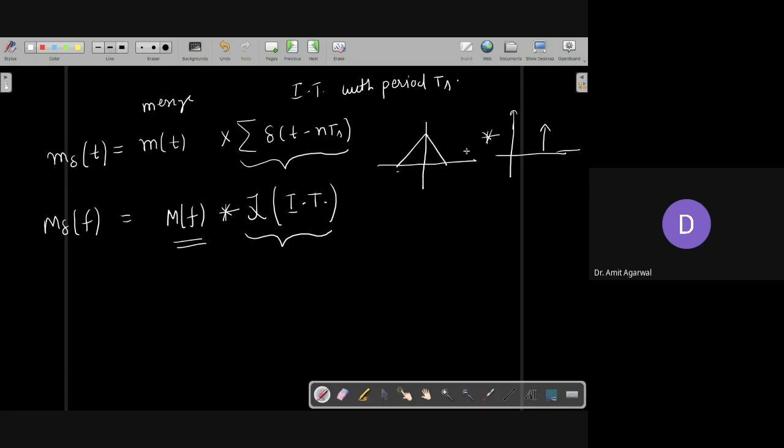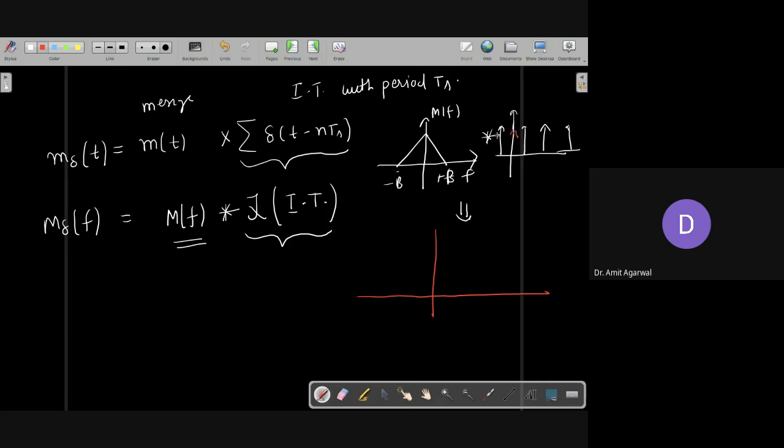This is your M(f), right? Plus B, minus B. Now you are convolving this signal with the impulse train, because I gave you the hint that the Fourier transform of the impulse train is also an impulse train. Convolution with any delta function, as I have told you many times, will shift your signal.